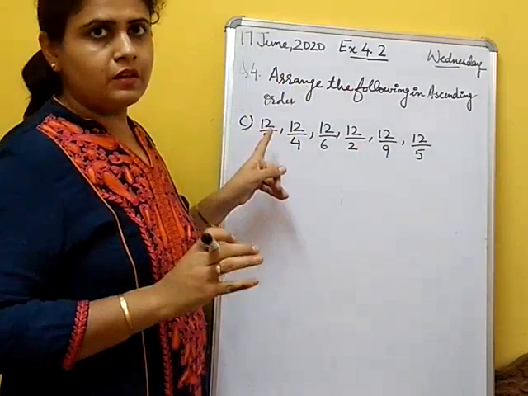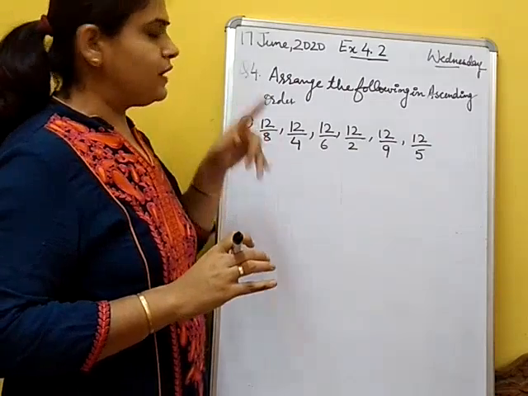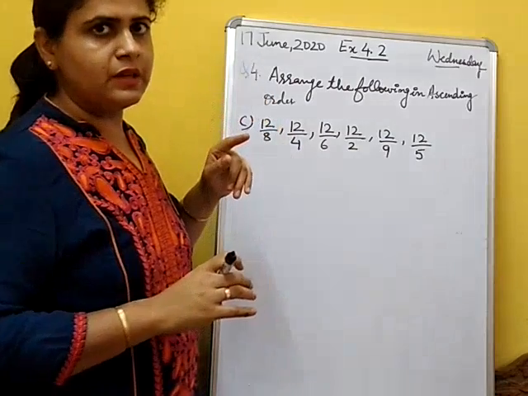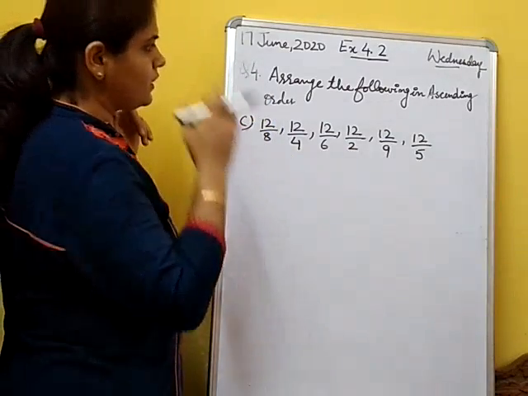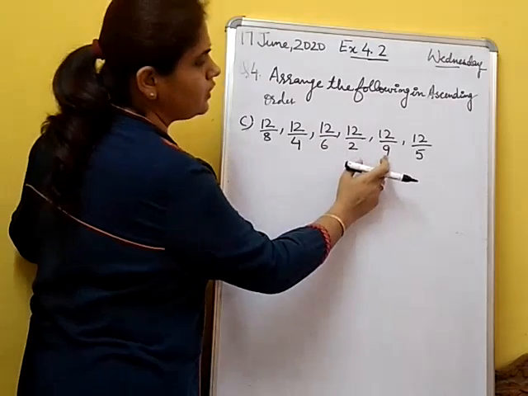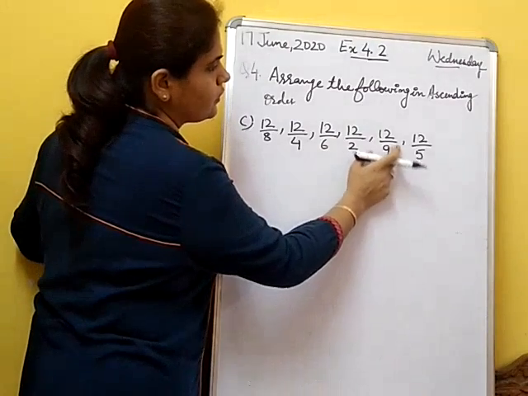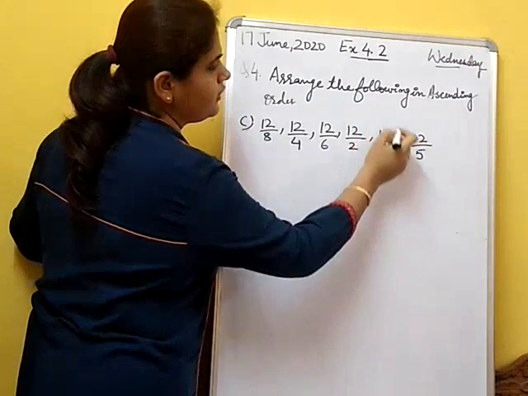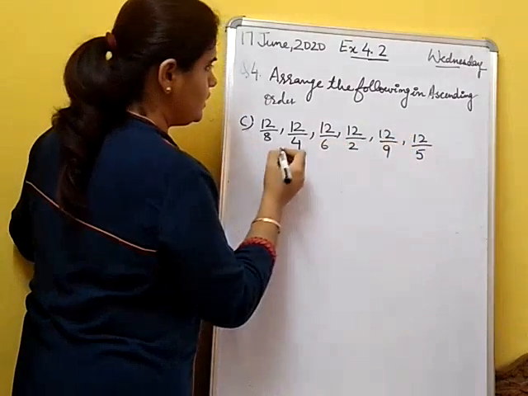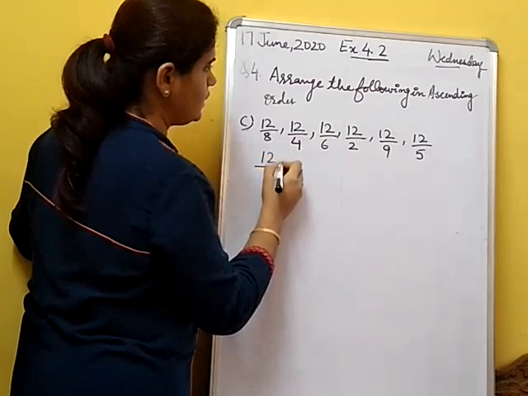The denominator which is bigger, that fraction will be the smaller fraction. See which denominator is greater here. 9 is greater among all these denominators. So 12 upon 9 will be the smaller number. You will write 12 by 9.